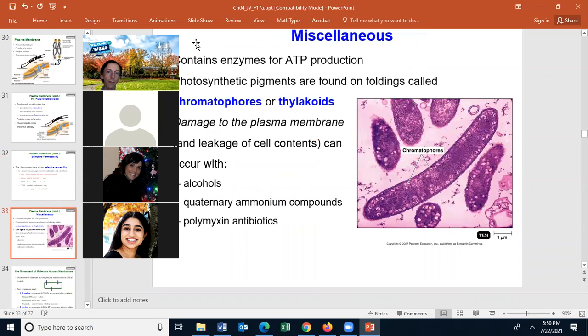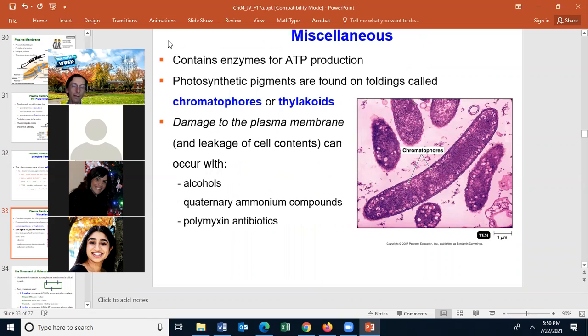In the cell membrane, we can also find some special things. In bacteria, we have the enzymes for making most of the cell's ATP. We'll talk a little bit more about that when we're talking about aerobic respiration.